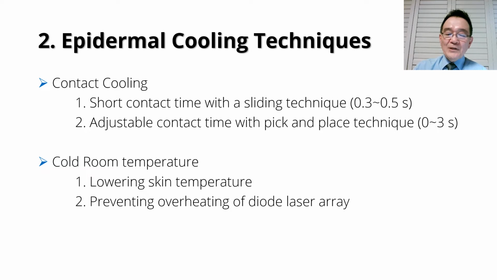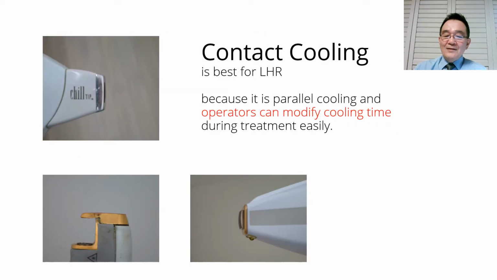Also, cold room temperature is helpful to lower skin temperature additionally, and it is also helpful to prevent overheating of the diode laser array. Contact cooling is the best for laser hair removal because it is parallel cooling and operators can modify cooling time during treatment easily.